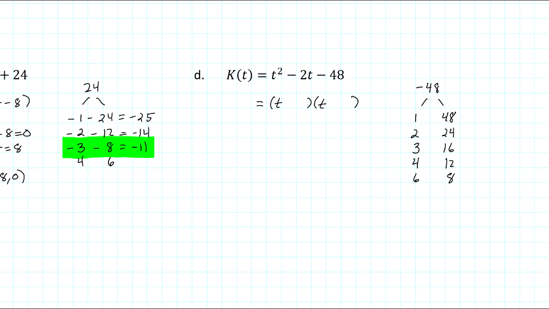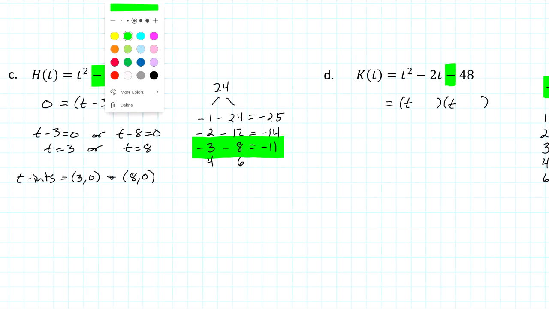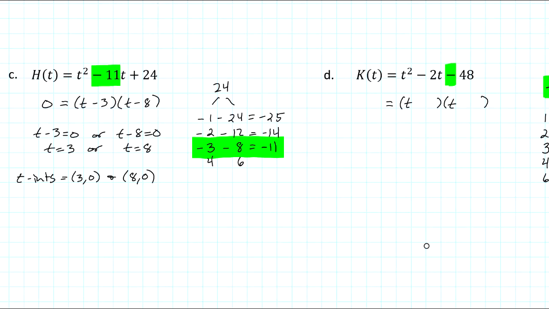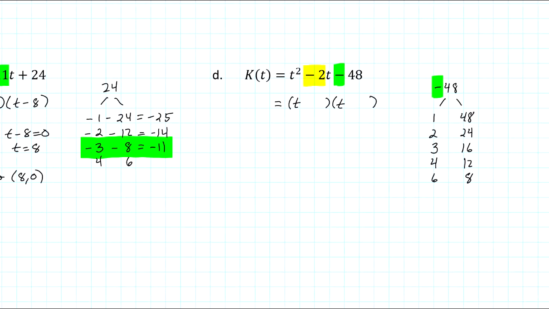Now, we want one of these numbers to be positive and one to be negative so that it multiplies to be a negative 48. And we want these two numbers to add to be a negative 2. So if we go through this and we try a positive 1 and negative 48, that's going to be way too big.